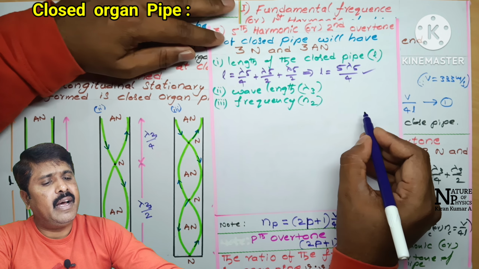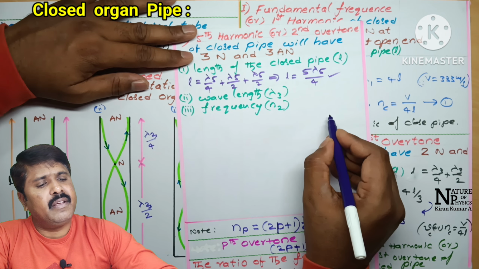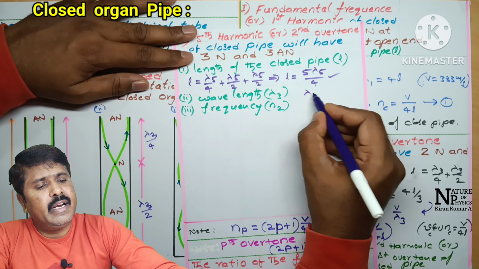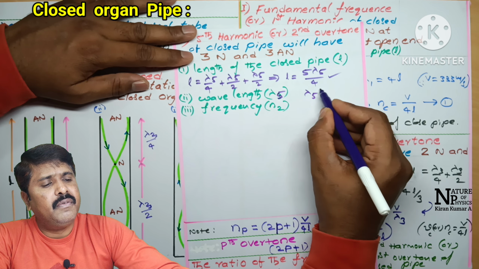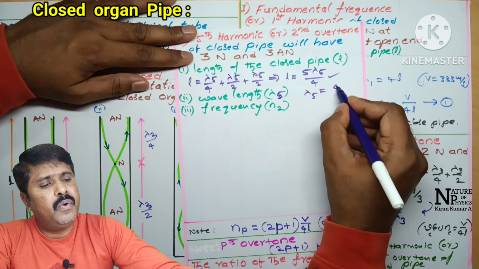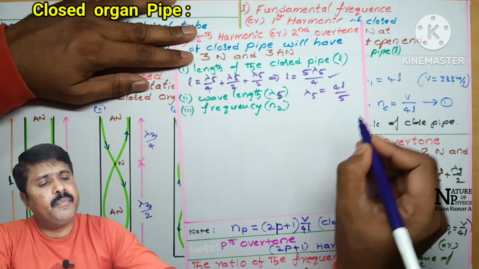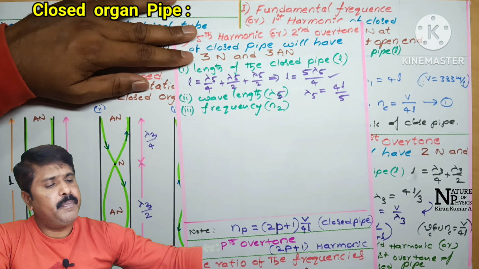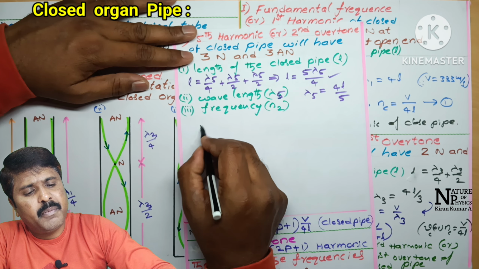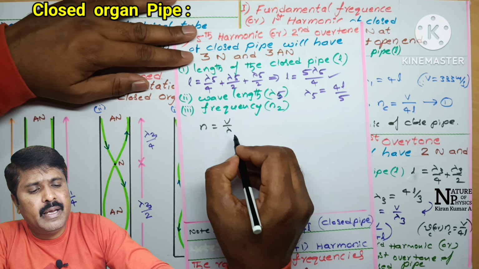Okay, and after that the wavelength, lambda 5, student, I made a mistake, lambda 5 is equal to 4L divided by 5. Next the frequency, the basic formula N is equal to V divided by lambda.